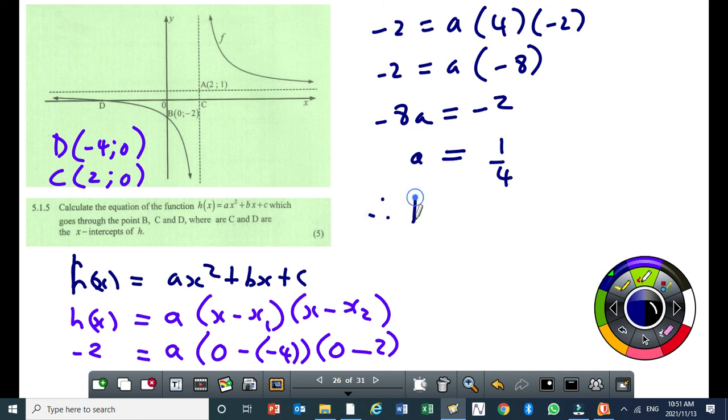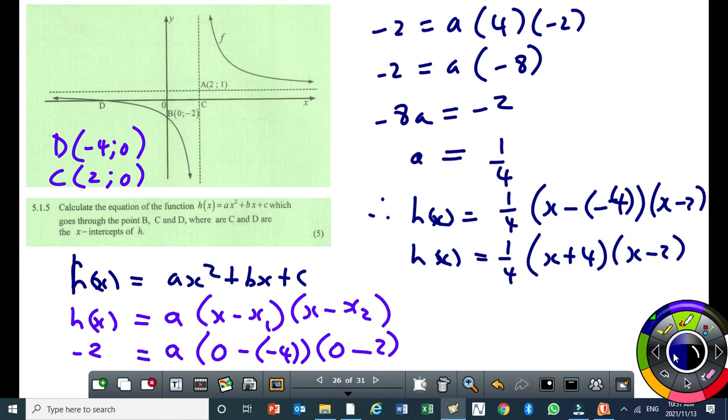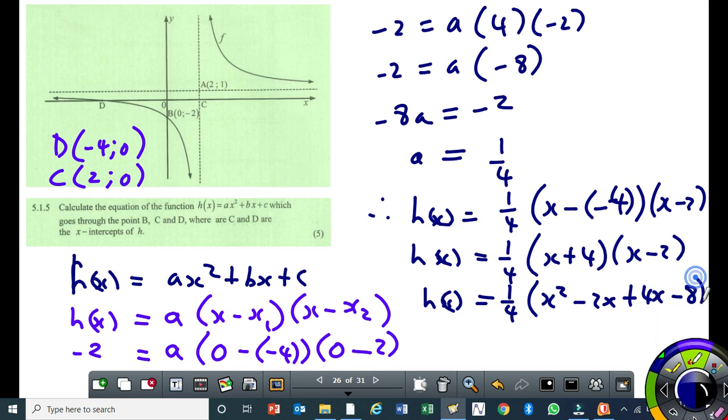So here I can say therefore h of x will be equal to a quarter times x minus minus 4 times x minus 2. So this gives me h of x equal to a quarter times x plus 4 times x minus 2. And then you get h of x equal to a quarter times x squared minus 2x plus 4x minus 8.